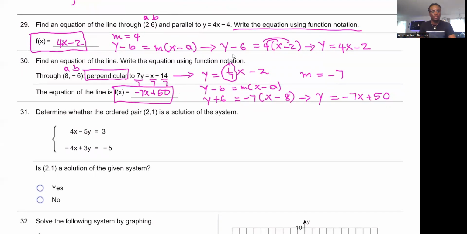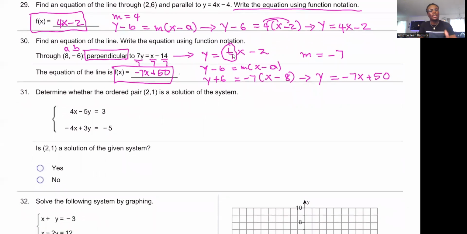Number 31. You have a system of linear equations where your solution can be an ordered pair, x, y. That's your solution, and that's the form you write down your solution. It's the ordered pair with parentheses inside of a pair of braces, because you use braces whenever you're listing the solution set of your equation.